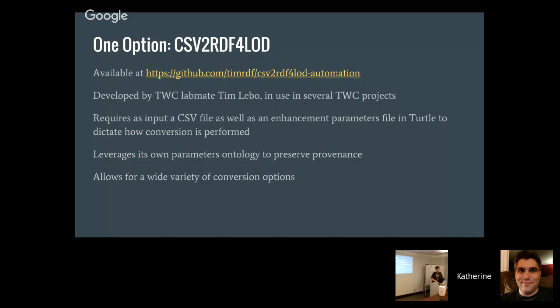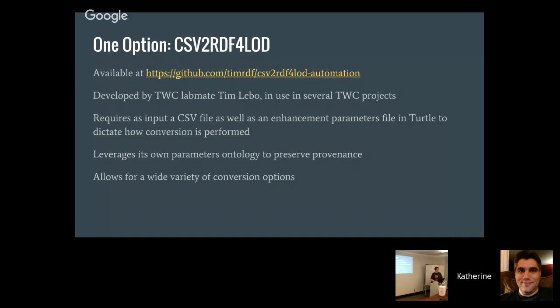It has converted billions of triples from CSV files and similar things that come from open government data sets. Now, one of the limitations of CSV to RDF is that... actually no, let's talk about the advantages. The enhancement parameters are stored in Turtle. So the nice thing is you can use those parameters to preserve provenance about how it was converted.